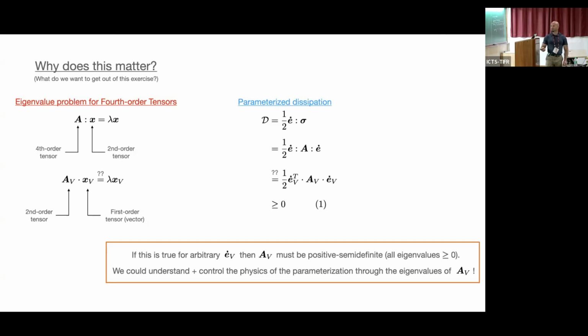The eigenvalues control this. So again, the reason I want to do this is because if I can do this thing with unrolling, then the eigenvalue properties hold, and I can actually enforce everything about this anisotropic viscosity through eigenvalues, which is really cool.